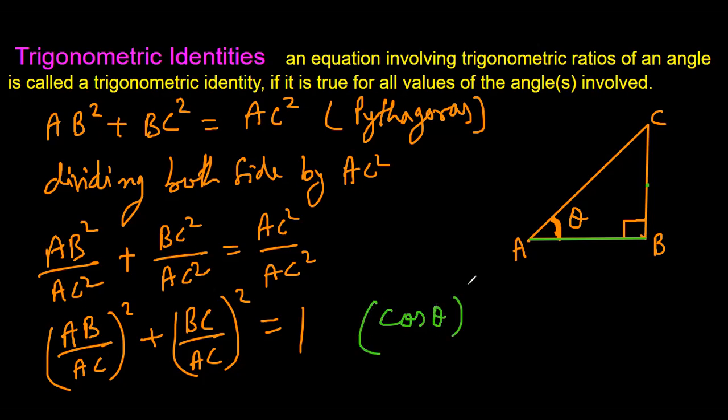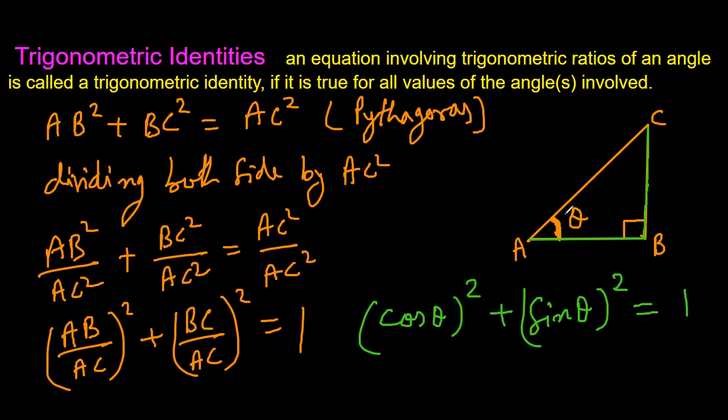So we can say cos theta square plus BC by AC. Similarly, BC is the opposite side, AC is hypotenuse. So that was sine theta. The ratio of these two sides is sine theta, and the square of this is equal to 1. For convenience, we would not like to write this bracket every time we square any trigonometric function.